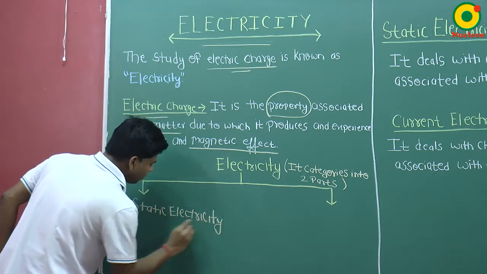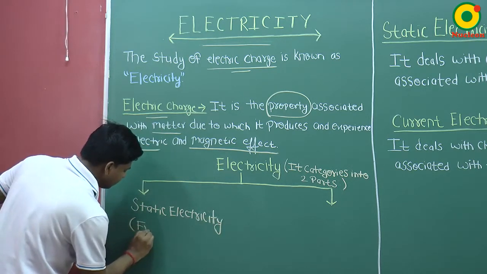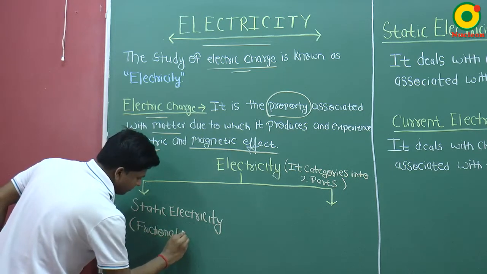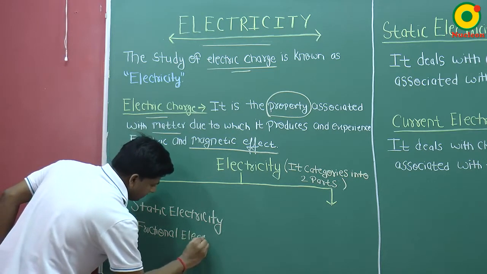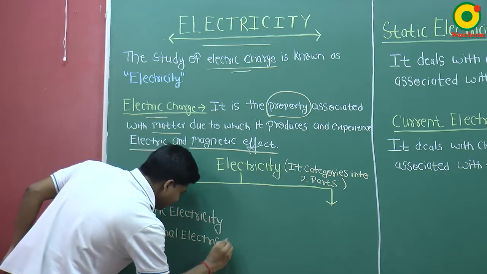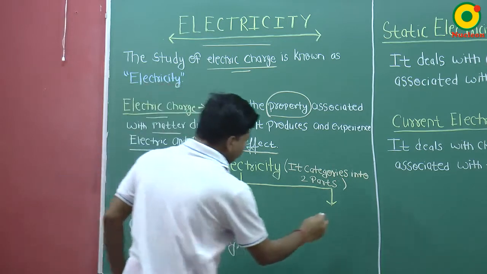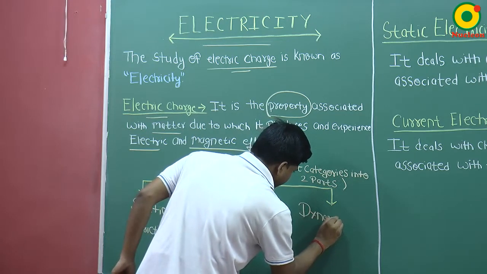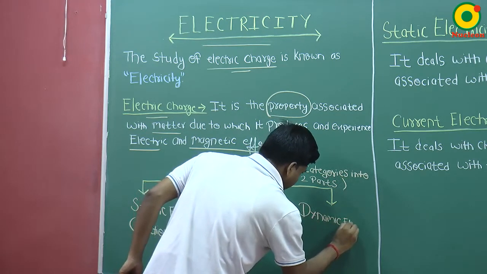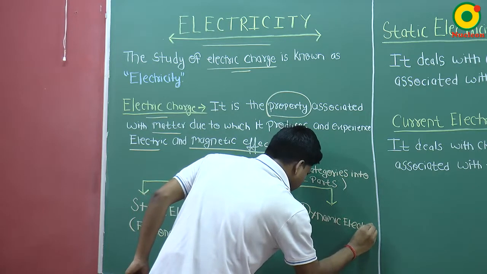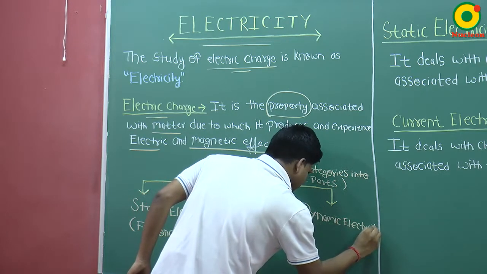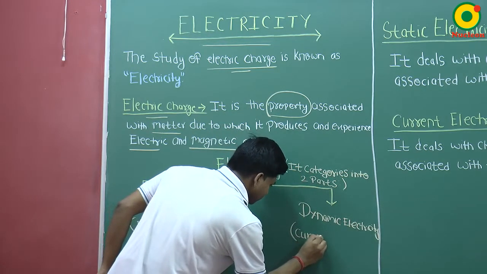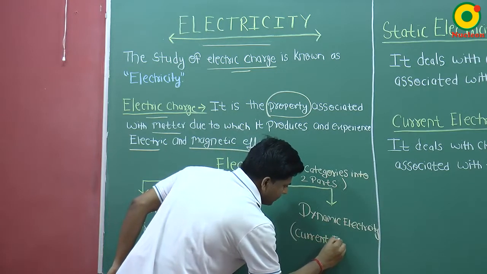Static electricity is also known as frictional electricity. And the second one is dynamic electricity. Dynamic electricity is also known as current electricity.